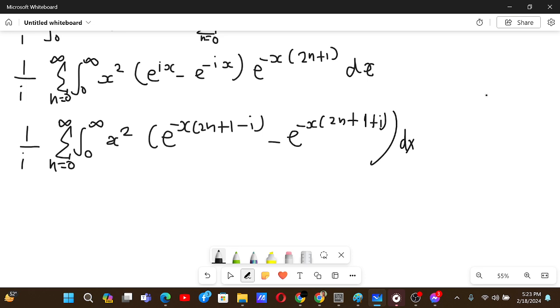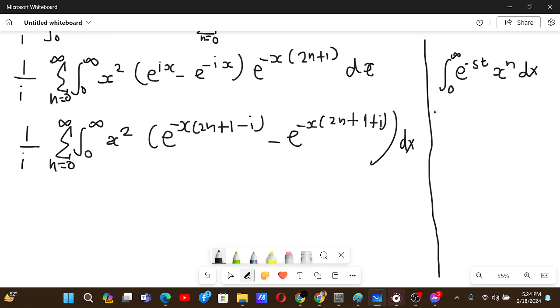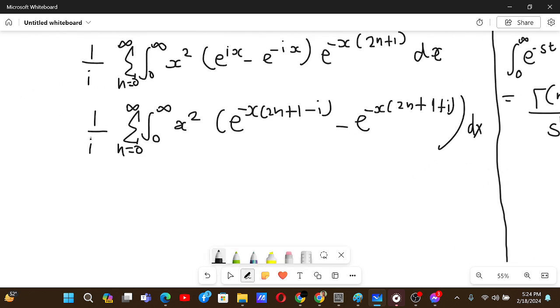So basically there's no term such as complex gamma function, but I just named it. This is actually the Laplace transform: e to the power minus st, x to the power n dx. In this case, the Laplace transform will be gamma of n plus 1 by s to the power n plus 1. So we'll use that, and we get 1 by i, sum going from n equals 0 to infinity.